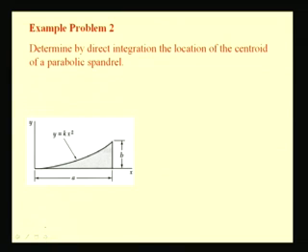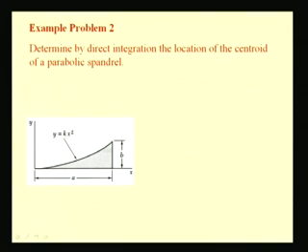Let us consider one example to completely illustrate this procedure. We have this curve y equal to k x square, which is a parabola, and we are interested to find the location of the centroid.